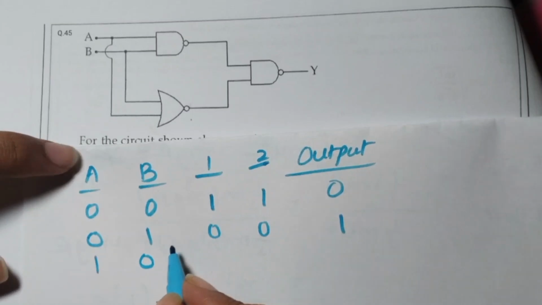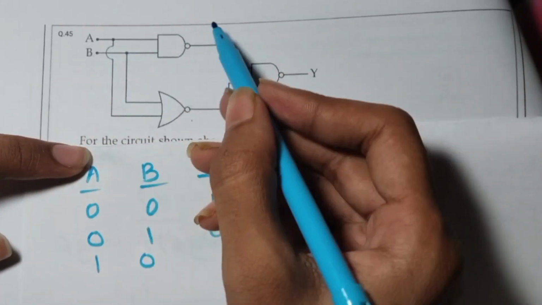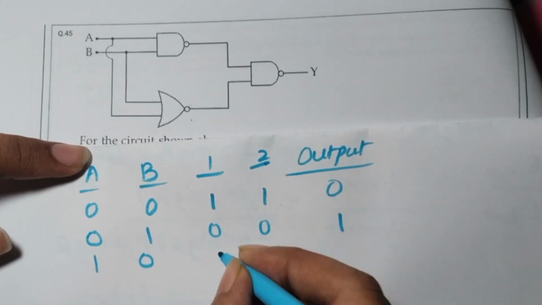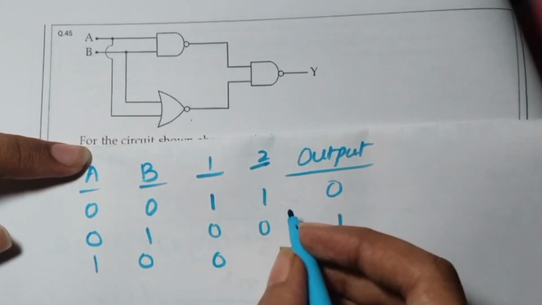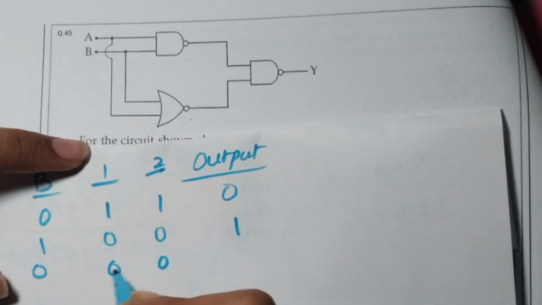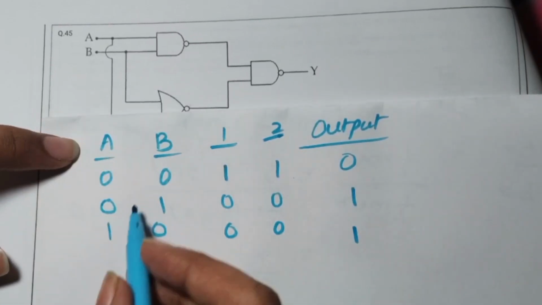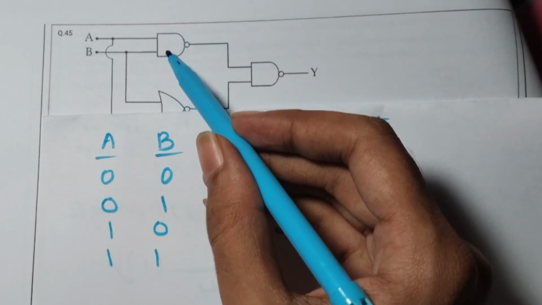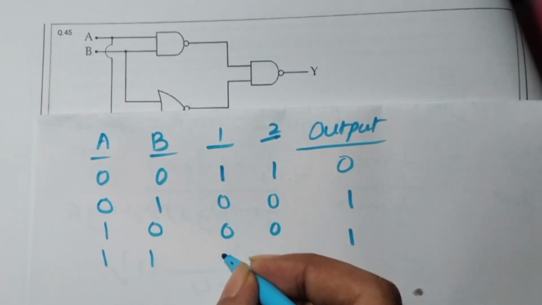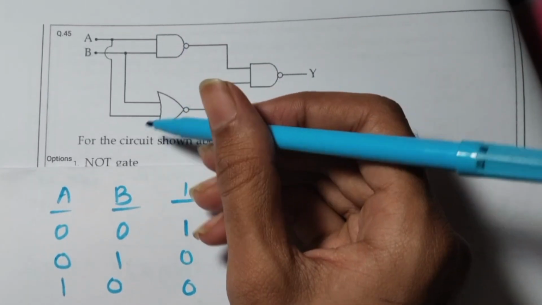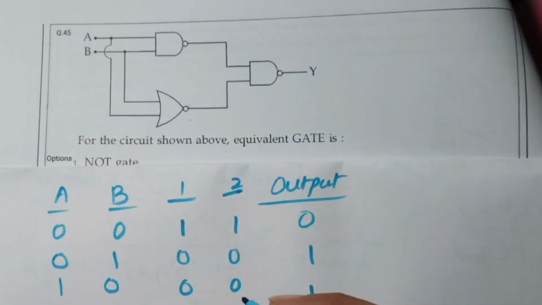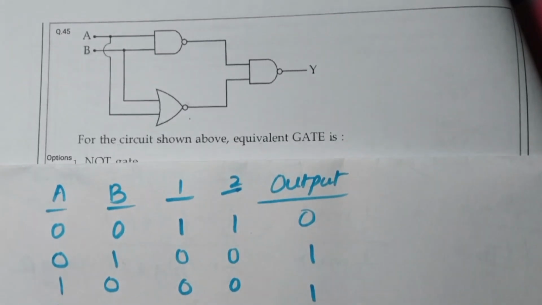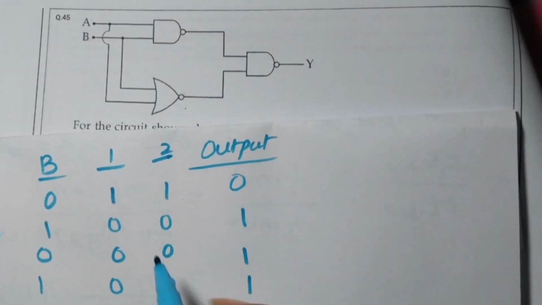So same applies for the other case. 1 and 0 will give 1 for NAND, 1 and 0 will give 0 for NOR, and again it will give 1. And the last case 1 and 1. 1 and 1 for NAND gate will give 0, 1 and 1 for NOR gate will give 0, and again 0 and 0 will give the final output 1.